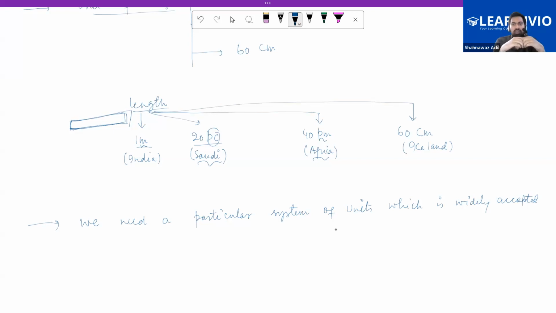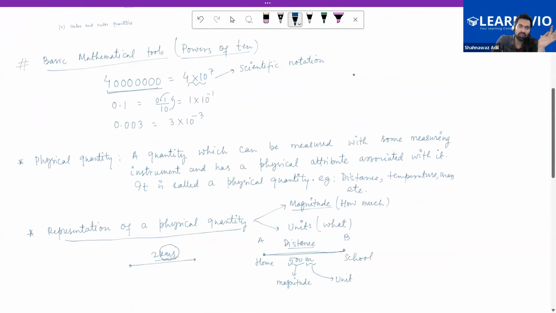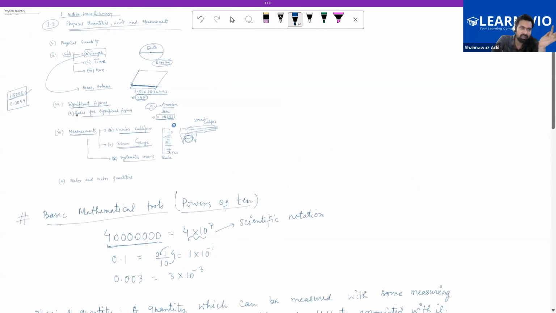Yeah, so we'll talk about it when we talk about significant figures. The next topic after this is significant figures. In the rules for significant figures, we'll be talking about how we can convert, and what things we have to take care of in converting those significant figures.